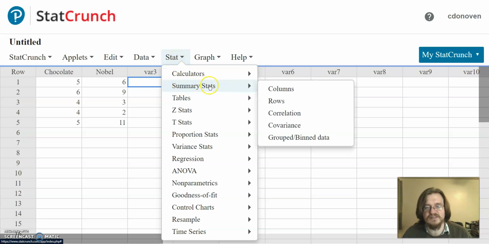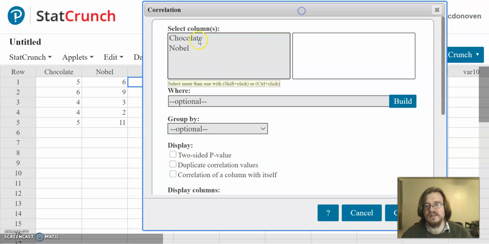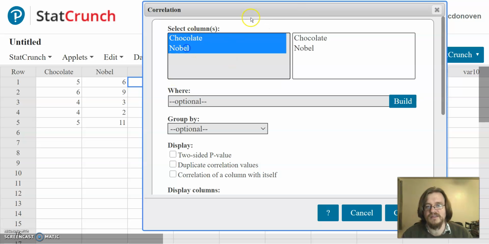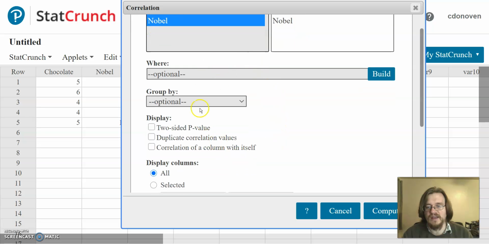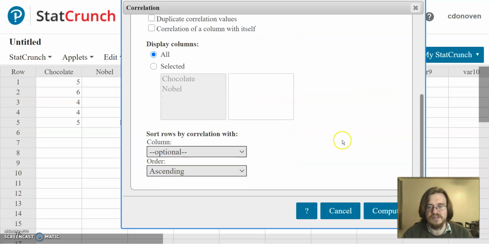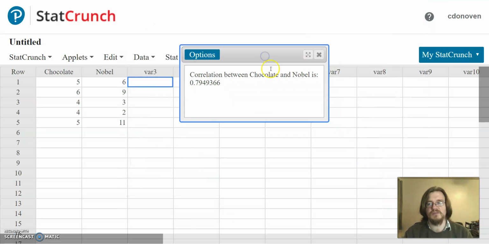We want to summarize the data, and we can calculate the correlation between these two values. So we need to select the columns that we want, both the chocolate and the Nobel. I'm not going to do any of the options here, but I will just compute, and it comes up with a number for us.